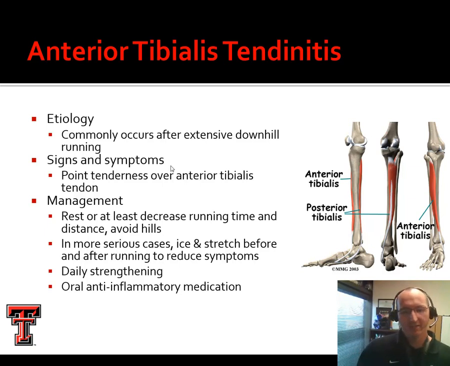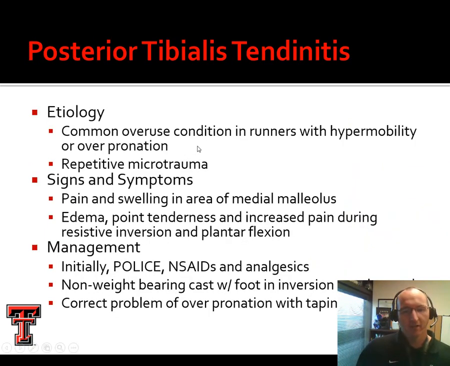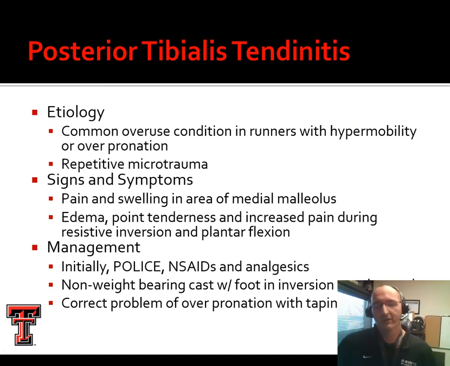Posterior tib tendonitis is very similar, a common overuse condition in runners. This tends to be more common in runners who have hypermobility and overpronation in their feet. And what's happening here is the posterior tibialis tendon is contracting to try to prevent that pronation. So this is a repetitive microtrauma issue. They'll have pain and swelling around the medial malleolus, edema, some point tenderness.